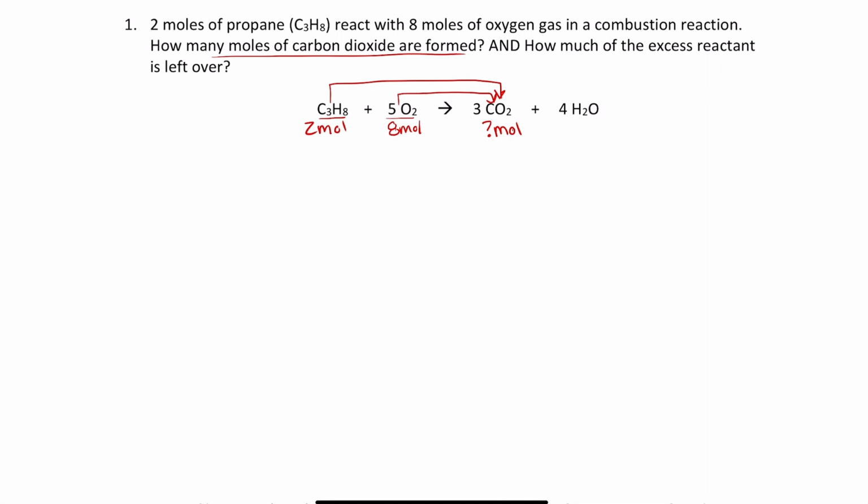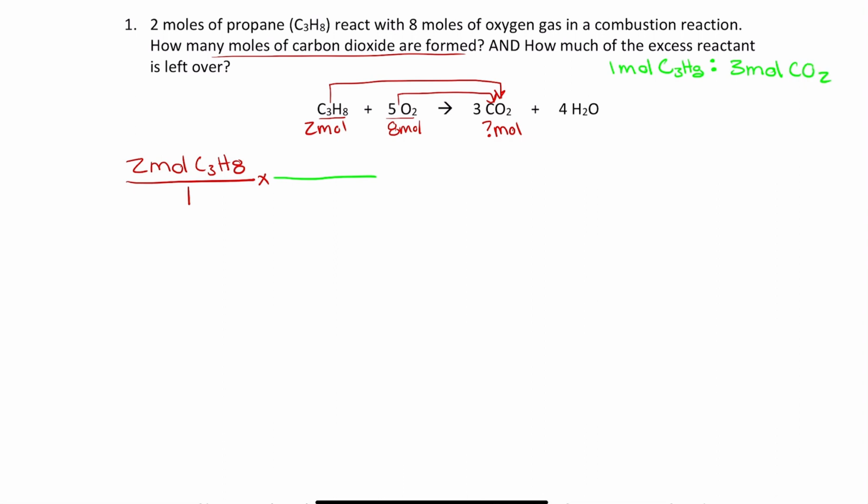I am going to start with my 2 moles of propane, so C3H8. And because I'm already in moles, I do not have to convert using a molar mass. I can just go ahead and set up my mole ratio. My mole ratio here is going to be 1 mole of propane, C3H8, for every 3 moles of carbon dioxide.